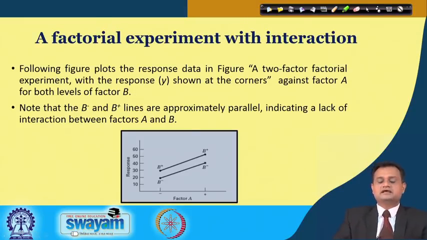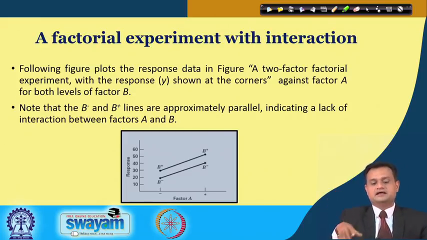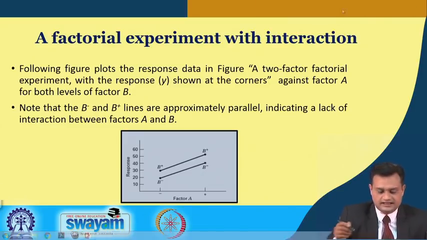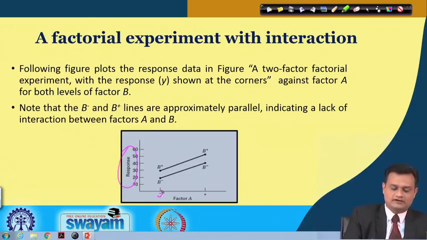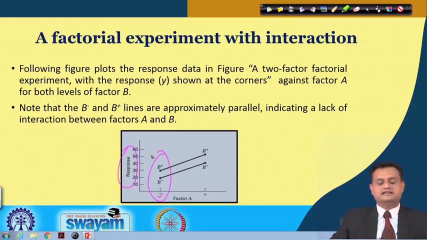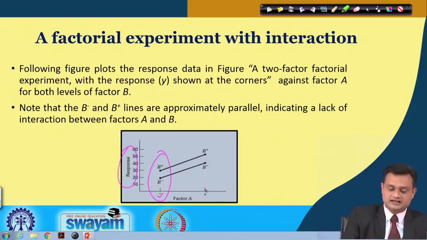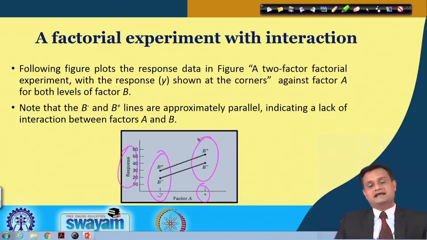Now just see that when you have a two factor factorial experiment with interaction, with a response y, you can show it as corners, and this is my response against factor A. So against factor A, when it is at low level, what is happening? B plus and B minus, and then factor A is set at high level, again B plus and B minus.